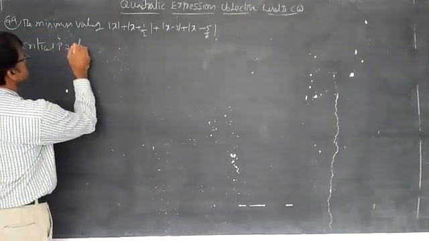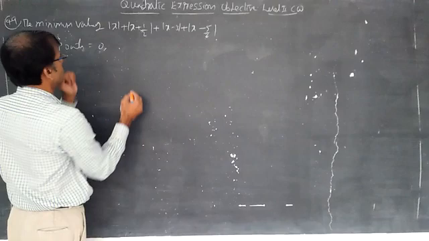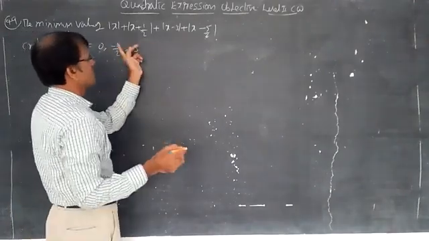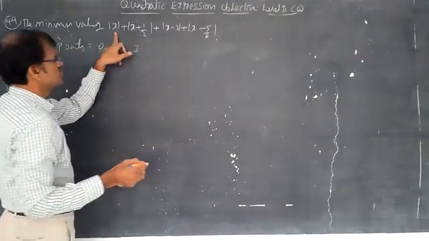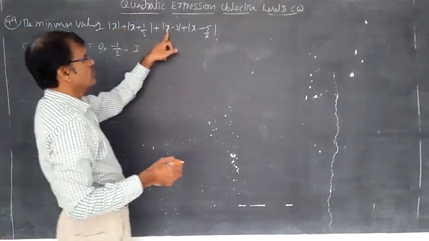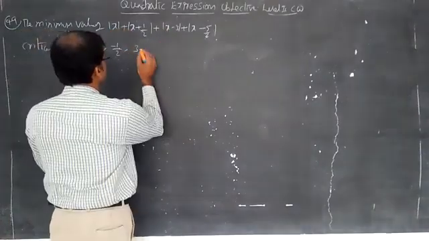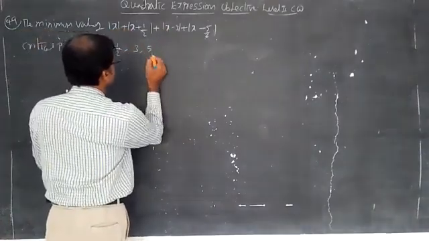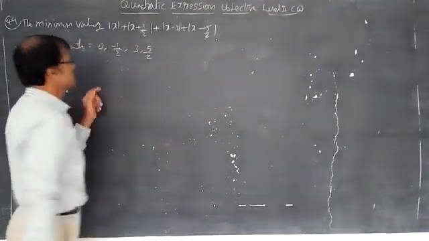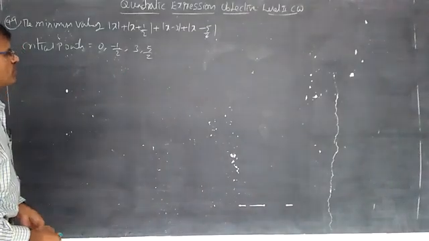Critical points here are 0, minus 1 by 2, 3. Whenever you put the value, it becomes 0. Here, if you put 3, it becomes 0. For separating critical points, you should write 0, minus 1 by 2, 3, 5.